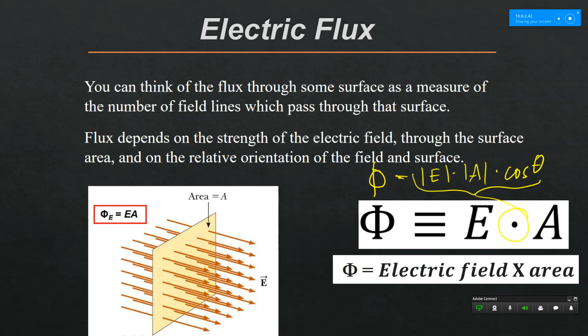If the angle is 90, then the cosine of 90 is 0, and therefore there is no flux. That situation is represented by this field line going in this direction: there would be no electric field going through the window surface that you established.